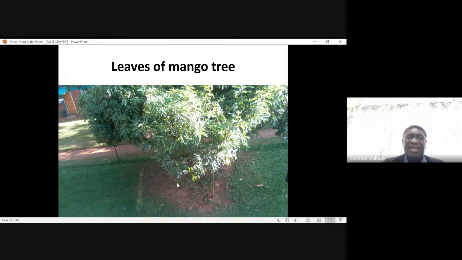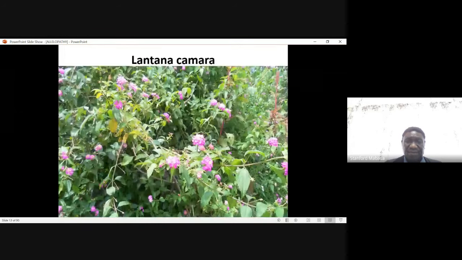This is a mango tree. It can also be allelopathic, especially the leaves. You can see under the mango tree, sometimes you don't get any plant growth. Of course, this could be due to shading, but the other effect is the toxic effects of the mango leaves.